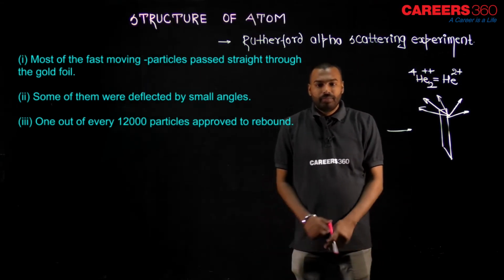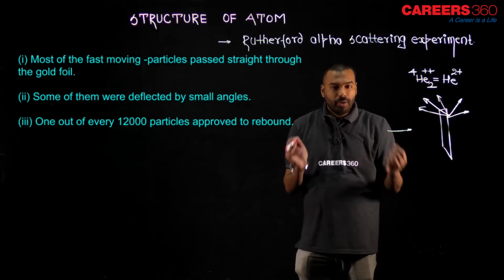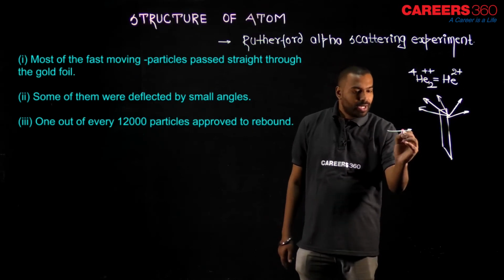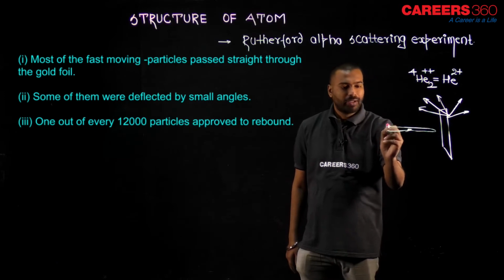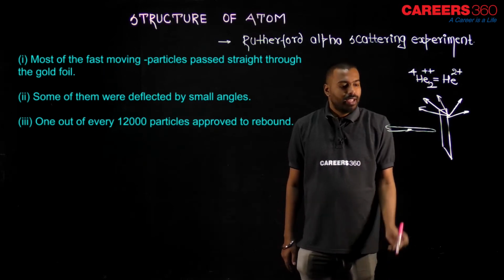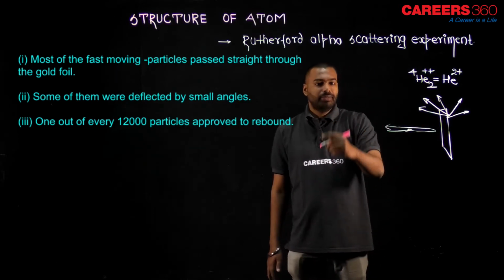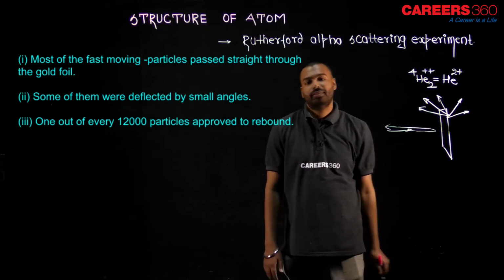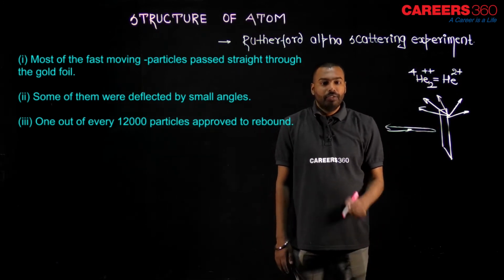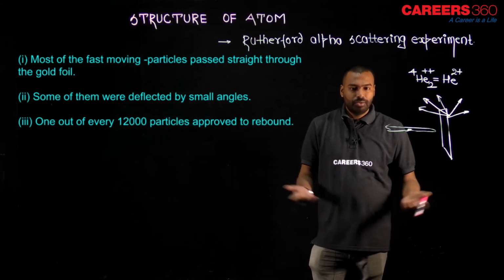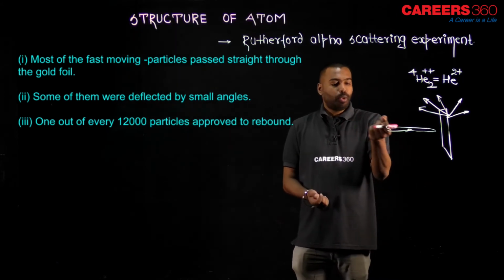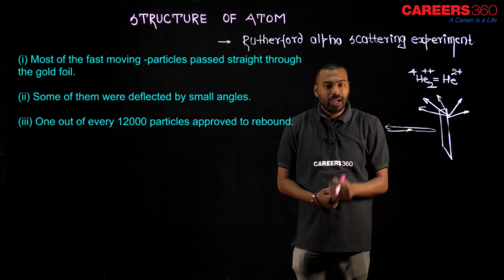And what happened? It is observed that one ray is going towards the metal, not able to touch the metal, and returning back. We can say at 180 degrees returning back without touching the metal. But only one ray in 12,000 rays or in 18,000 rays shows this behavior.